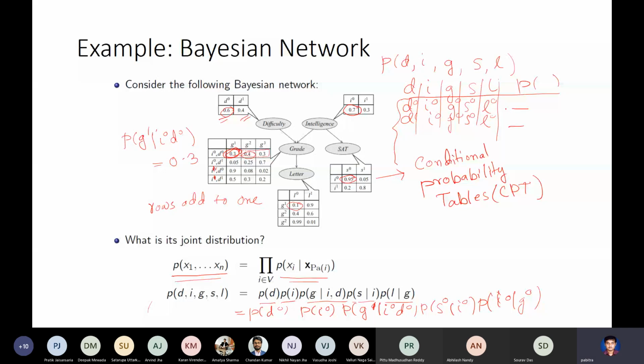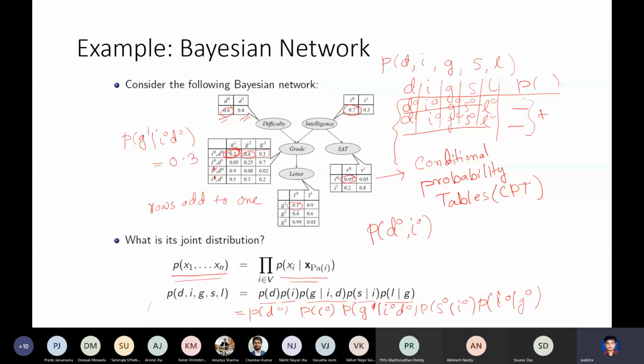So together with these CPT values and the factorization obtained from the graph, I can reconstruct back the full joint probability table. And once I find the full joint probability table, I can find any other probability from this table. For example, if I want to find any marginal P(D0, I0), I mark out the rows containing D0, I0 and add up their probability values, only for the rows which contain D0 and I0.